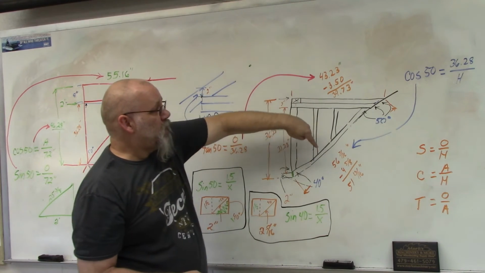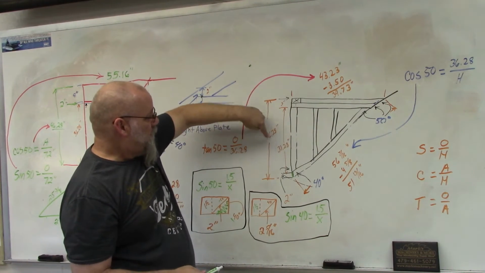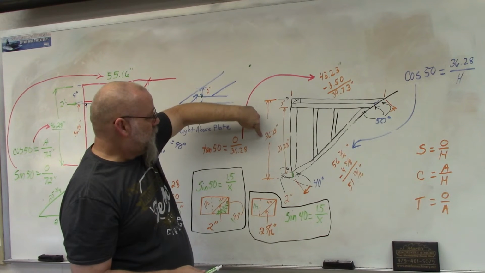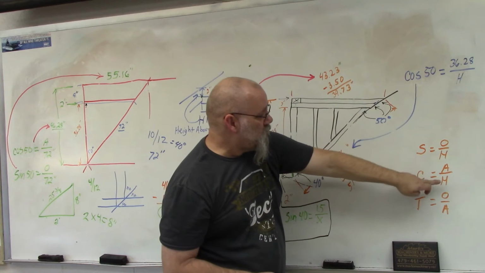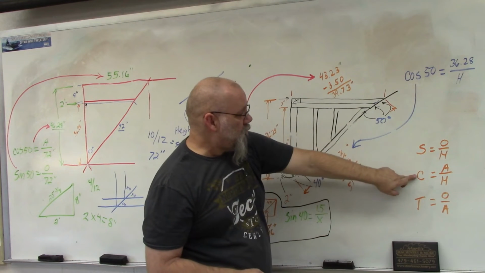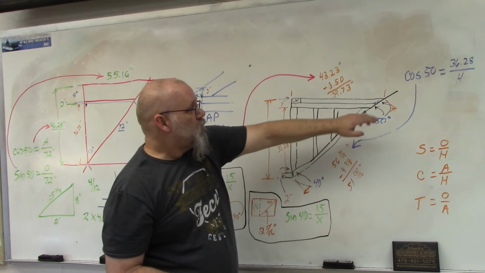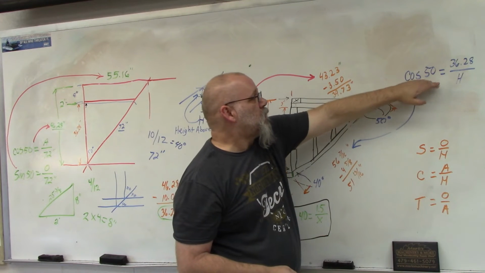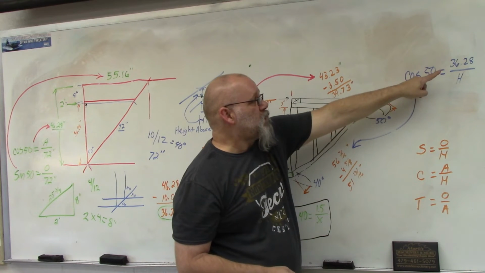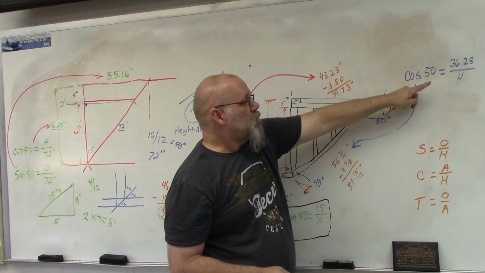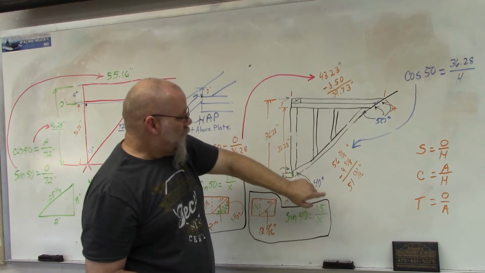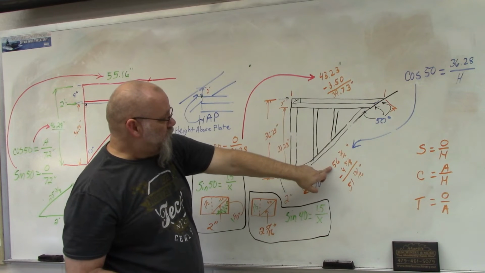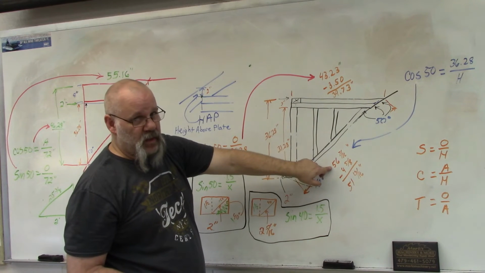I have the adjacent side, so I'm going to use the cosine because I have the adjacent, I'm looking for the hypotenuse, and I have the angle. So the angle is 50 degrees, and the length of the adjacent side is 36.28. So 36.28 divided by the cosine of 50 gives me a total length of 56 and 7/16 inches.